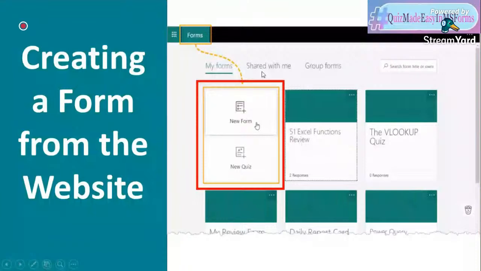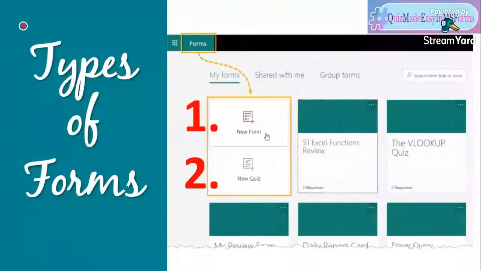So the two might appear similar, but the basic difference with these two is, with this one, new form, number one, this is for to conduct survey. Okay. For new quiz, you're going to quiz means to test the participants if you want to make quiz or test.